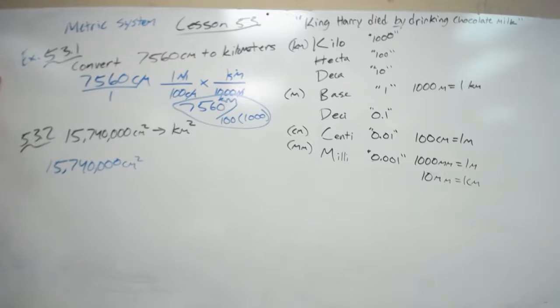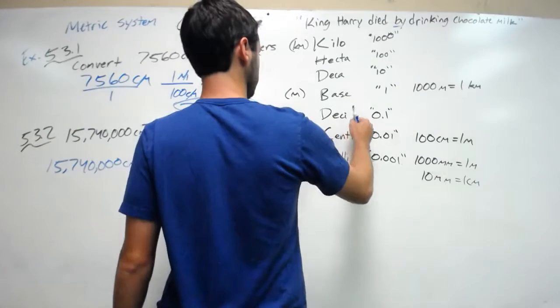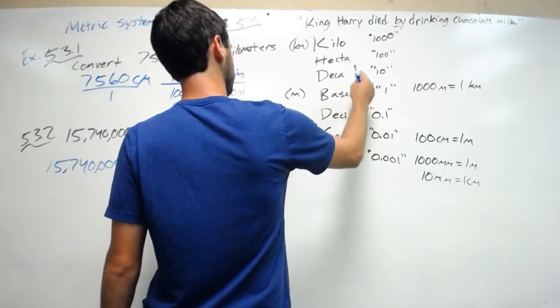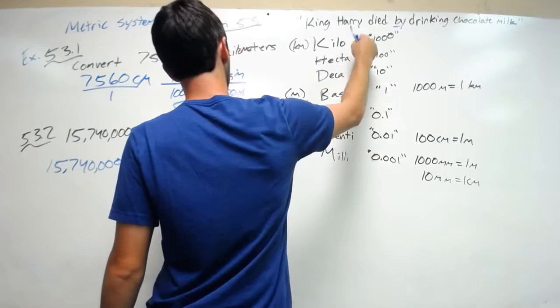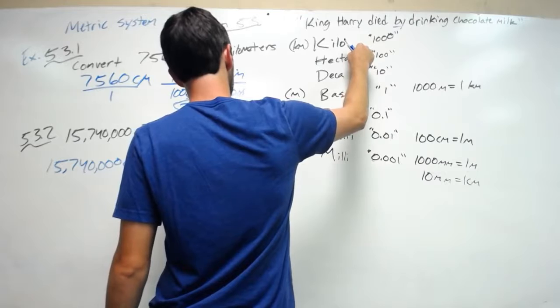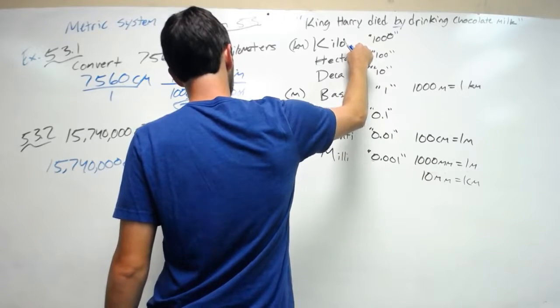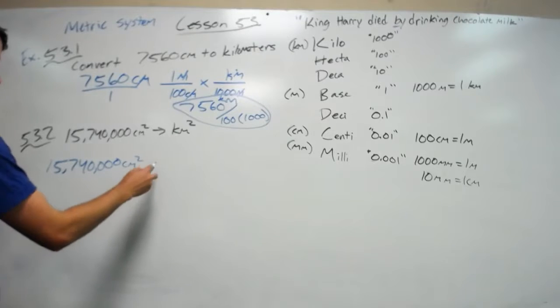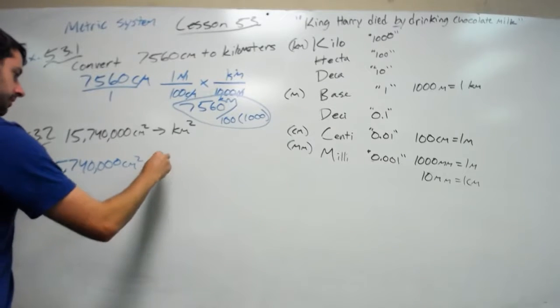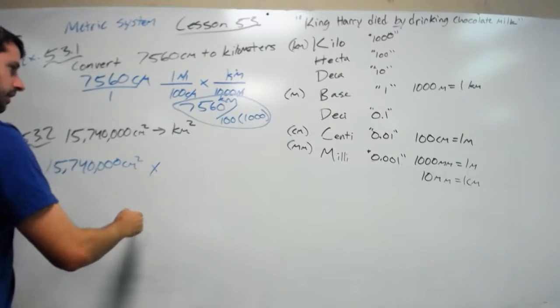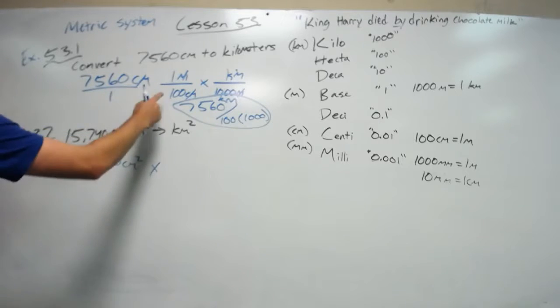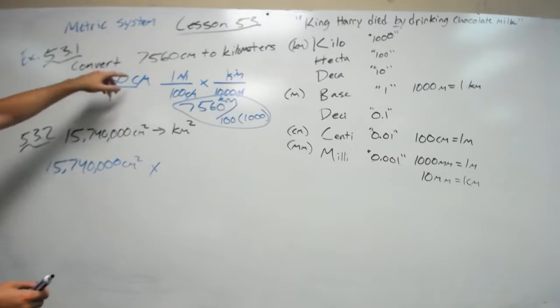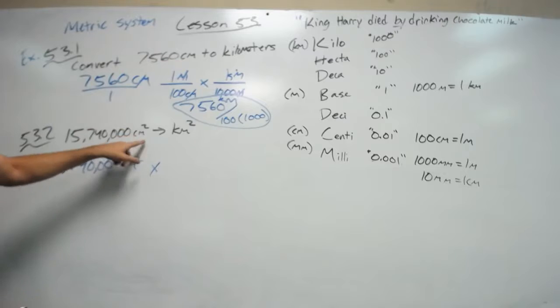Well, you could know that there is actually 10, 100, 1,000, 10,000, 100,000 centimeters in a kilometer. And so let's go ahead and do it that way for this one. I'm showing you both ways essentially in both of these since we're going from centimeters to kilometers in both of these.